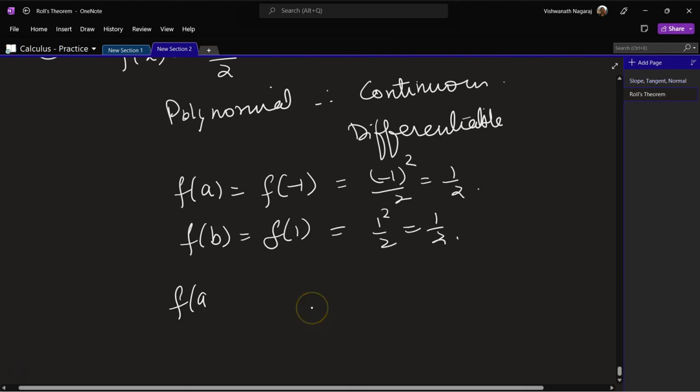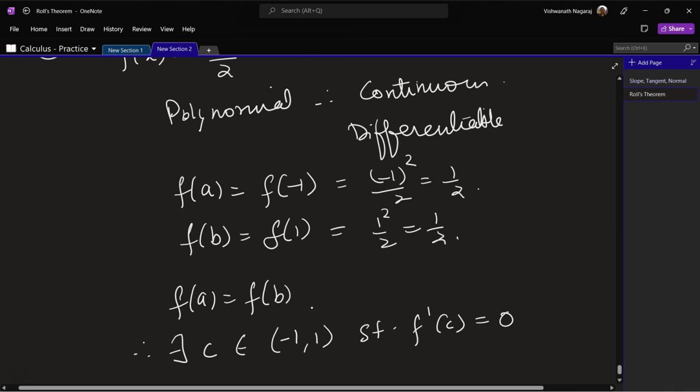Now since f of a equal to f of b, therefore there exists c belonging to this interval of minus 1 comma 1 such that f prime of c equal to 0.